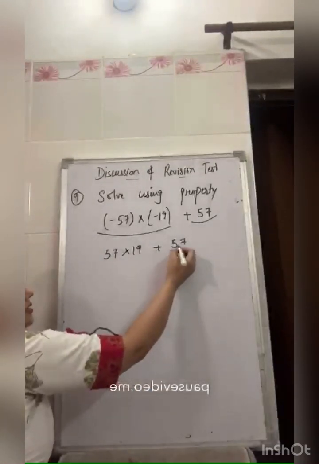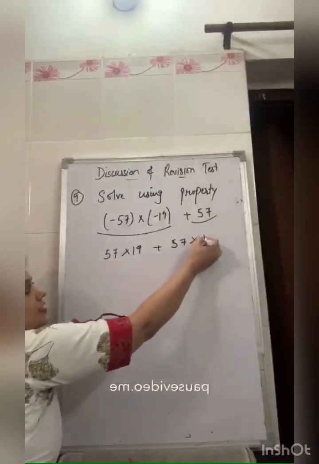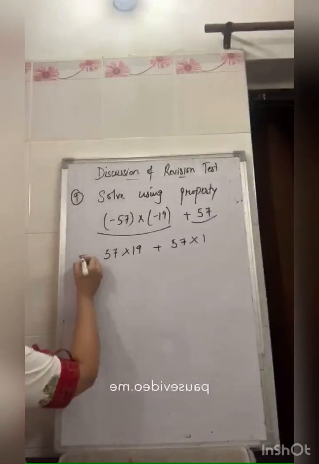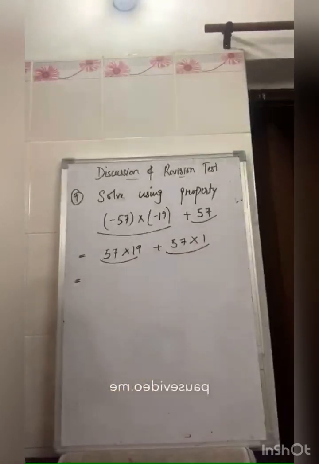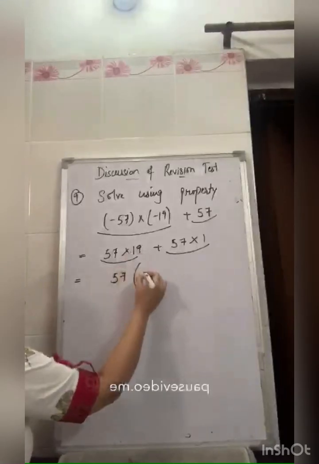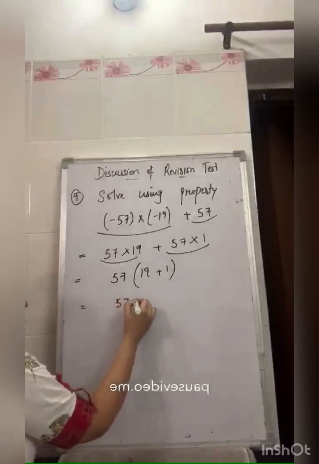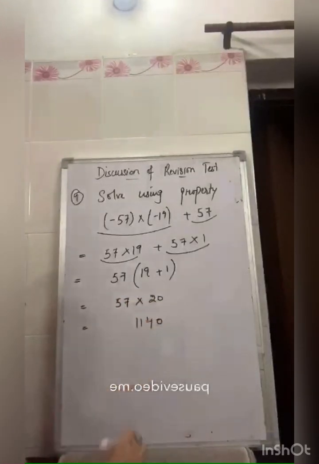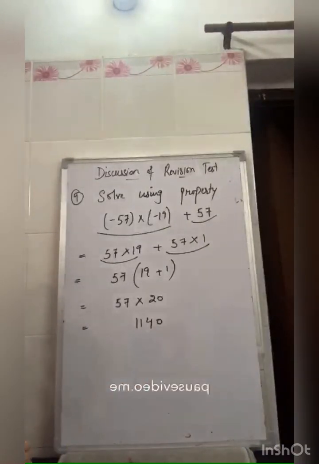In this term we are having only 57, so we can write this 57 as 57 into 1. So now, taking 57 common from these two terms, we are left with 19 plus 1. 57 multiplied by 20. The answer is 1140.